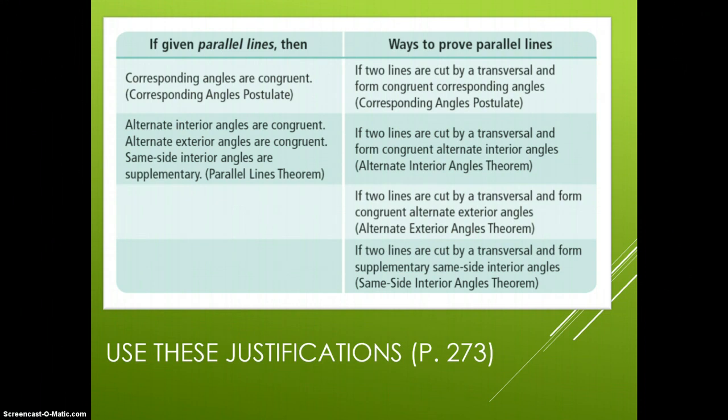Here are some very good justifications that we will be using pretty regularly on page 273. Sometimes you are given parallel lines, sometimes you need to prove the parallel lines. Check this out in your book, it will be extremely helpful.